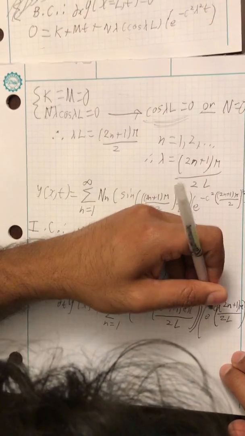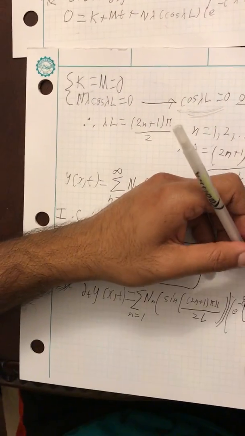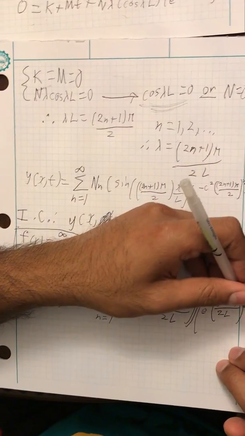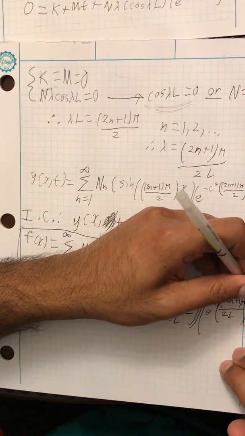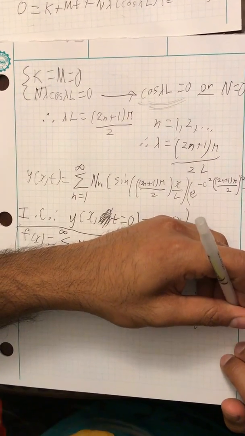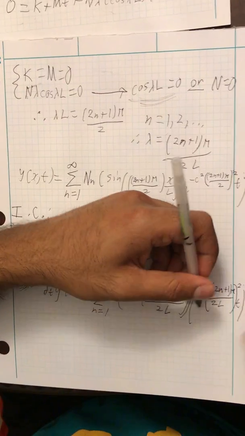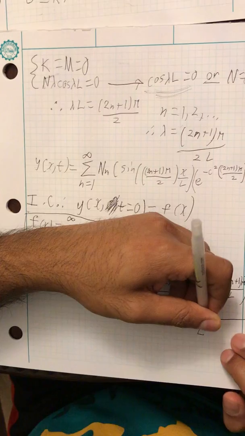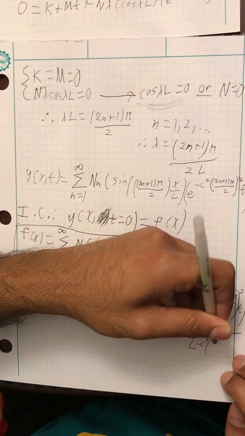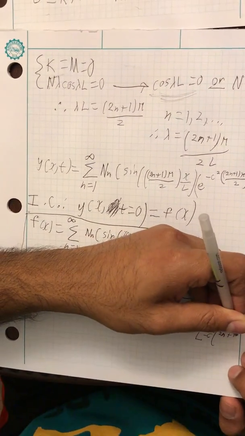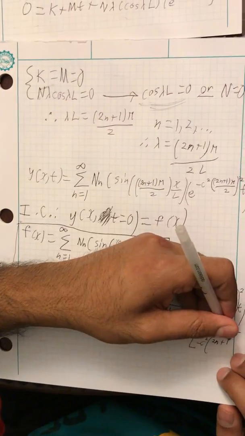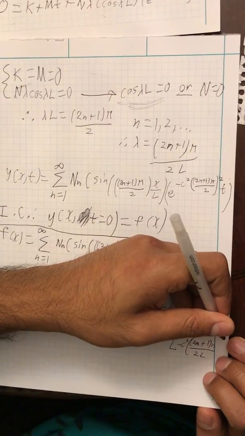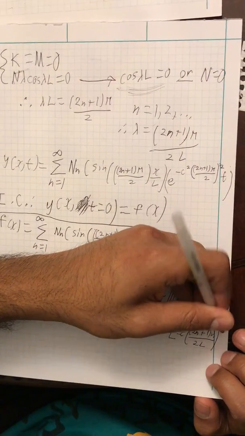Hold on. Let me write this a little neater. Squared t, and you take this and you divide it all by negative c squared, times (2n plus 1) times pi over 2L, squared.